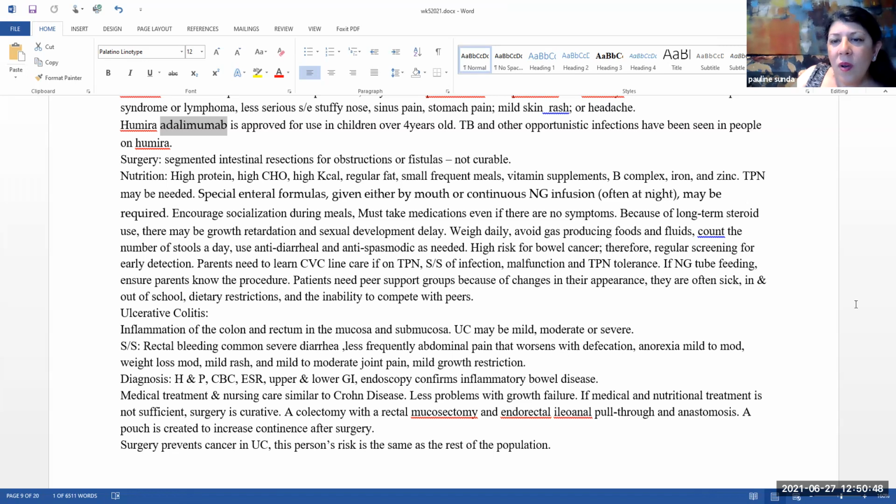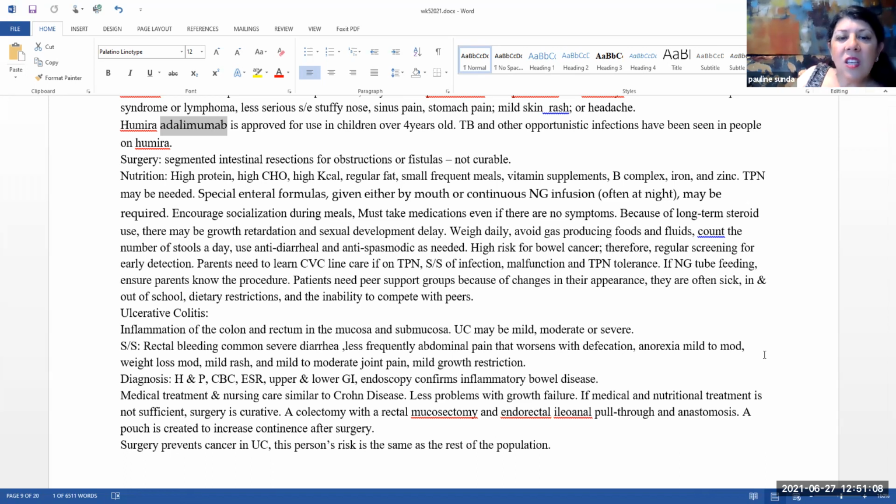We want to avoid gas-producing foods and fluids, count the number of stools a day, and use antidiarrheals and antispasmodics as needed. They are at a high risk for bowel cancer, therefore regular screening and early detection is going to be necessary.